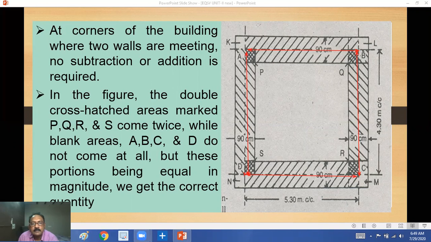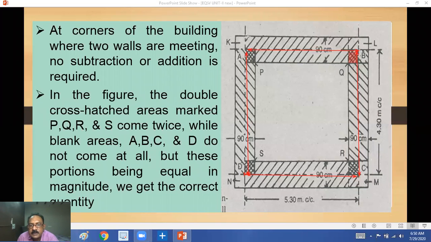Where the corners are meeting, no subtraction or addition is required, because if you see here, this becomes double, since you are excavating from the center. Once again I will explain.